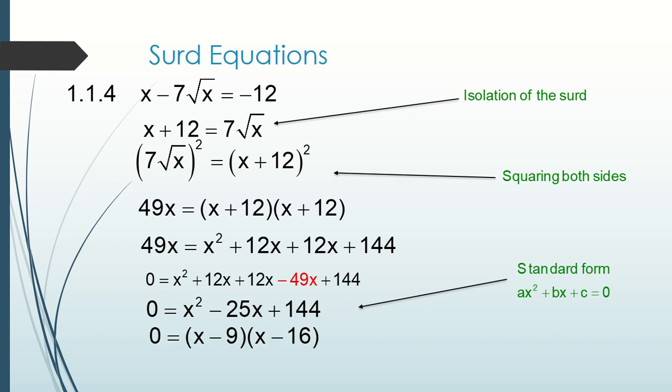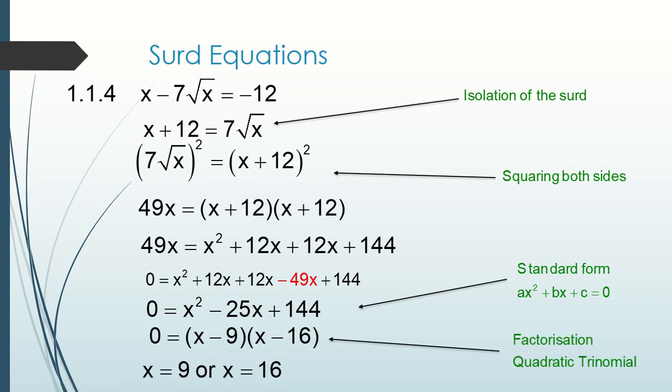From this standard form, you factorize: minus 9 minus 16 will give you minus 25. Negative times negative is positive, 9 times 16 is 144. So you get your values of x equals 9 or x equals 16. And what is important is that you must remember that you need to reject. Most people will leave it as it was left in this solution, but you need to go back and substitute the values.